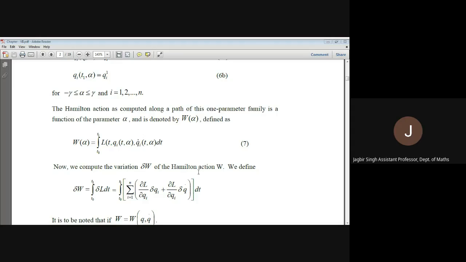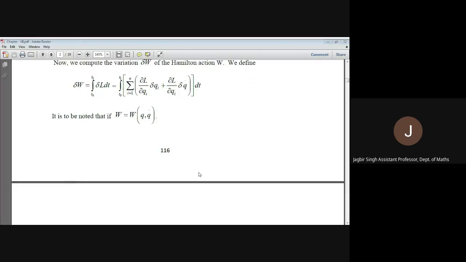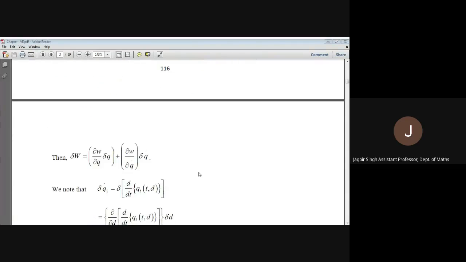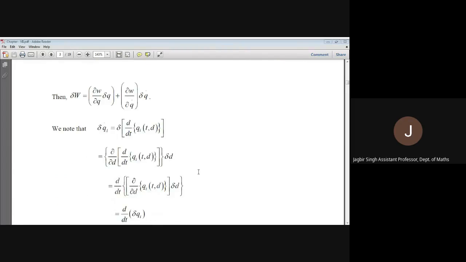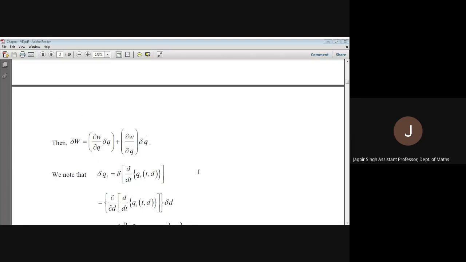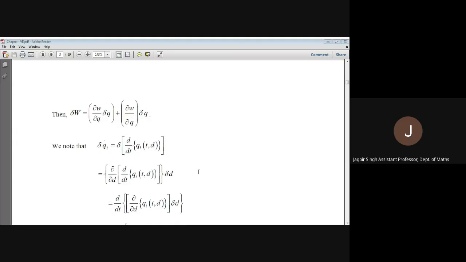Right hand side of variation. And now what is this? Then del W is this. Now del Qi dot will be variation of the derivative of Qi t alpha. This is not d, this is alpha.